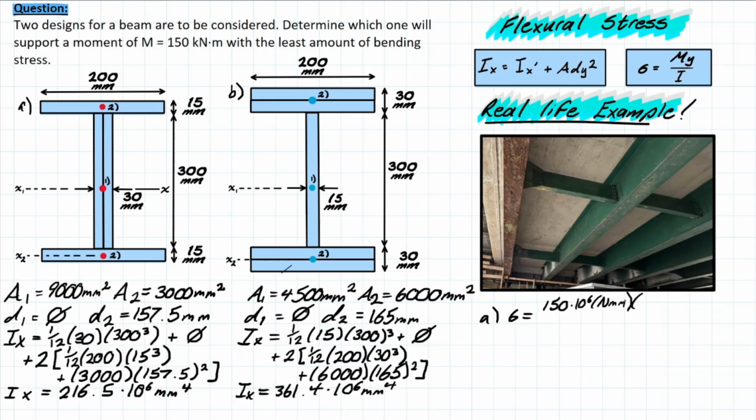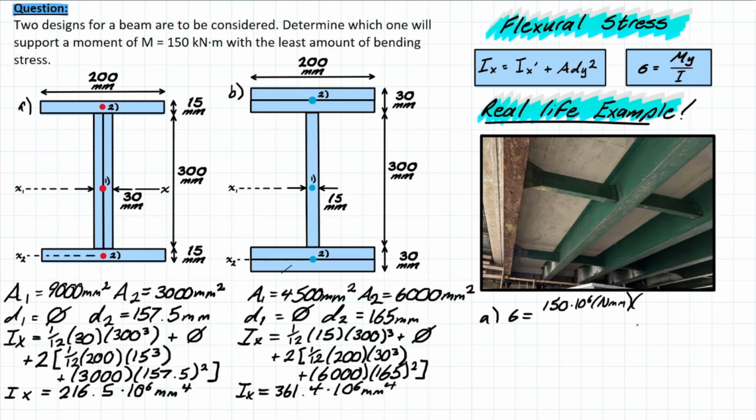We have the y value, which is the distance from our centroidal or neutral axis to the top or bottom flange, as the maximum fiber for tensile stress or compressive stress. So that distance is going to be 300 over 2 plus 30 for this second member here, and then similarly, we have 300 over 2 plus 15 for this other member.